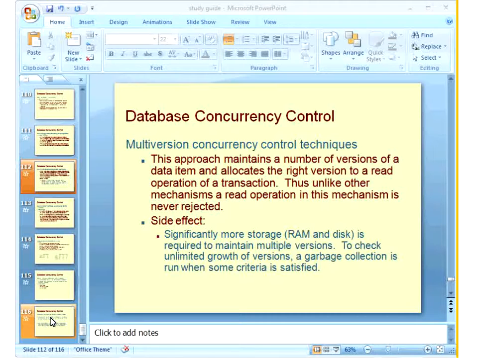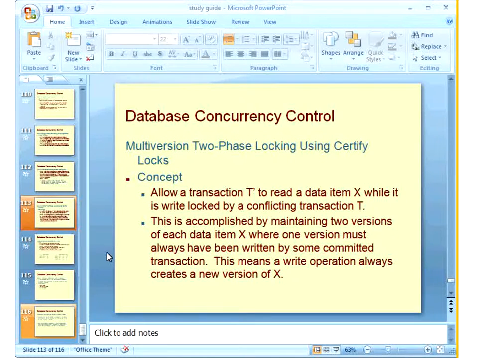Multi-version approach is clear. This approach maintains multiple versions of the data items. Okay, multi-version two-phase locking using certify locks.